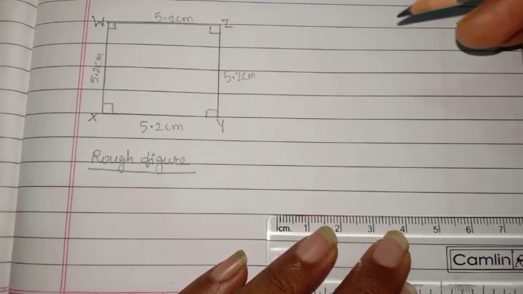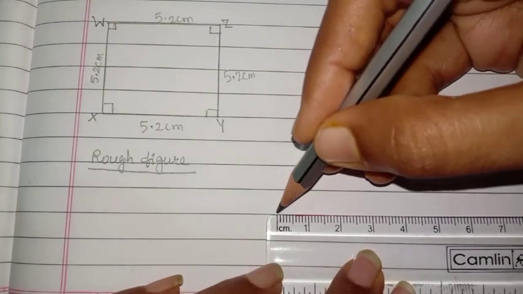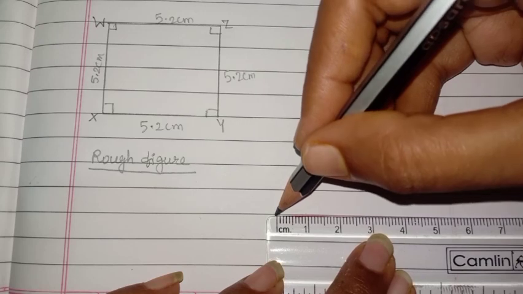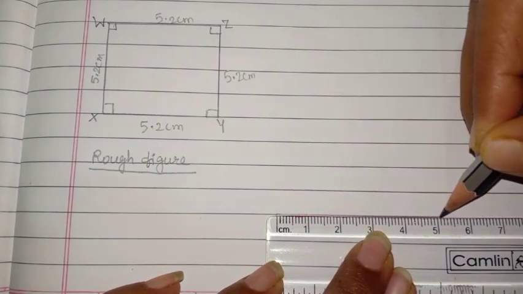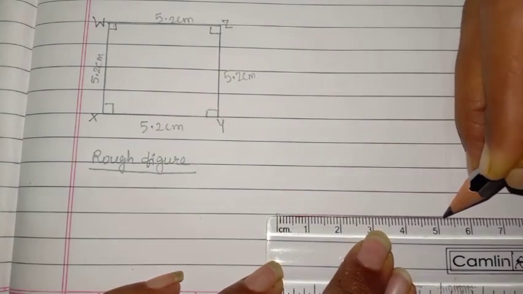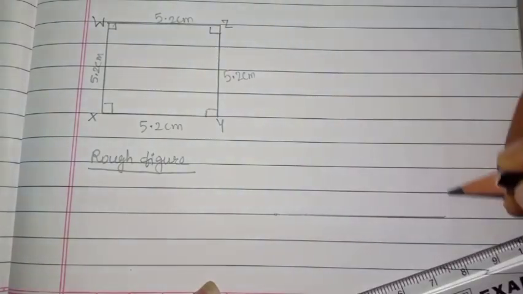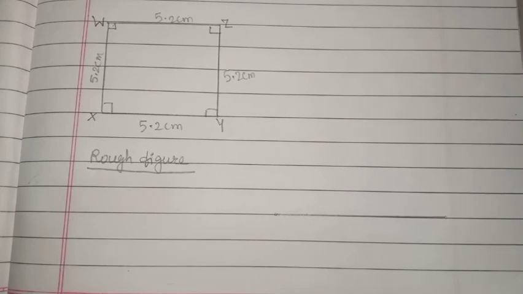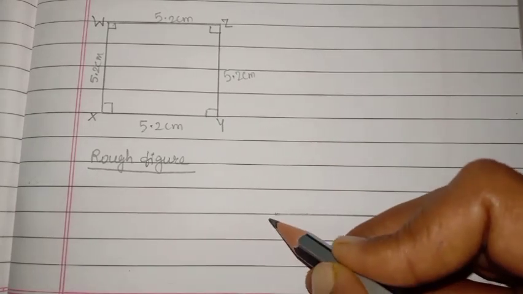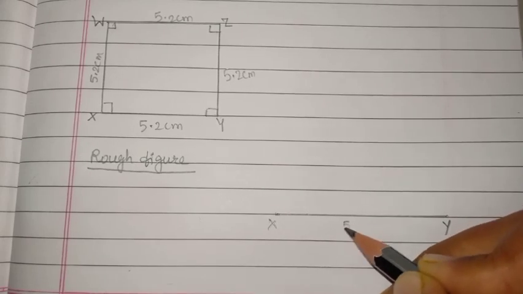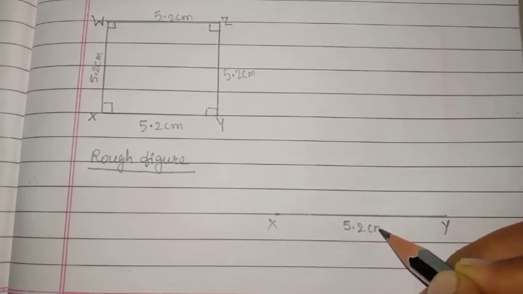Now we'll start with the fair diagram. First of all, 5.2 centimeters. So we'll mark the distance 5.2. We'll draw this line XY, with measure 5.2 centimeters.